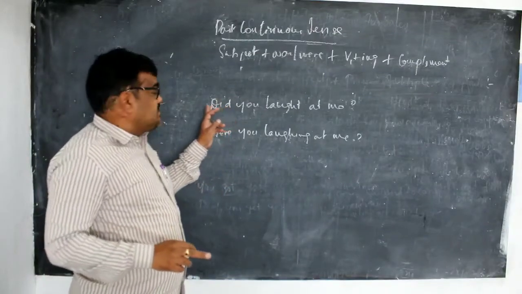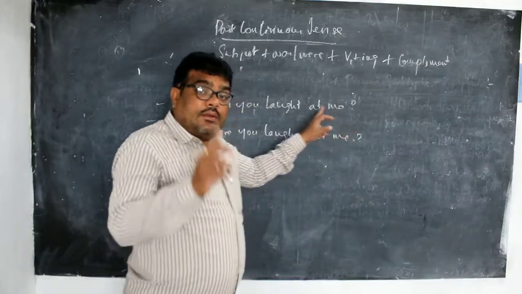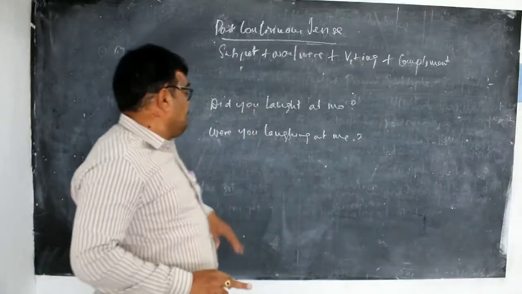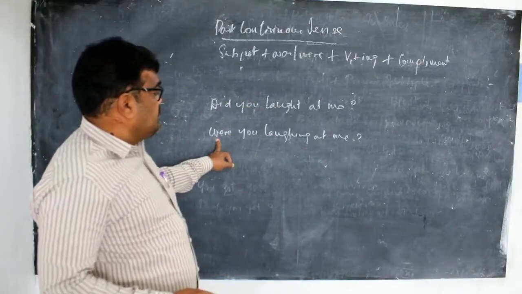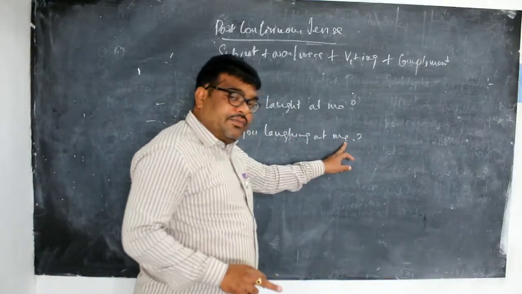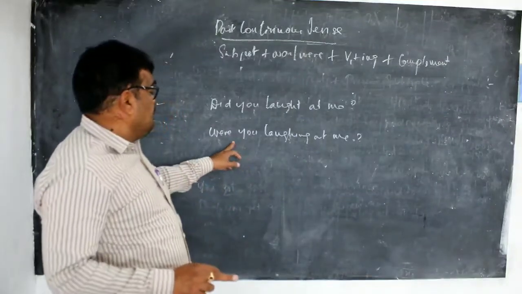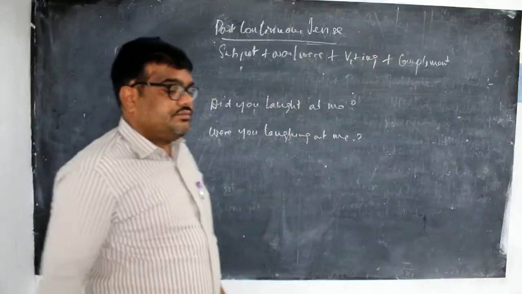The first, in simple past, did you laugh at me, merely refers to the completed action. Were you laughing at me also refers to the completed action, but gives emphasis on the duration of time.